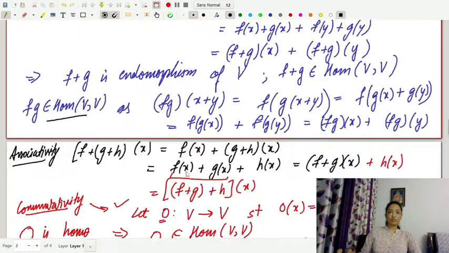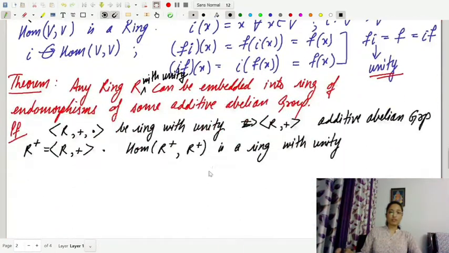Under similar lines, we assert that Hom(R+, R+) is a ring with unity. This is the set of all the endomorphisms of the additive abelian group R.